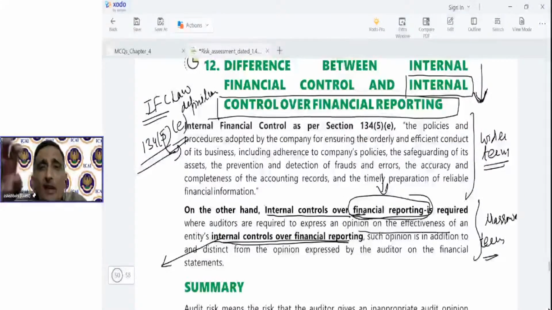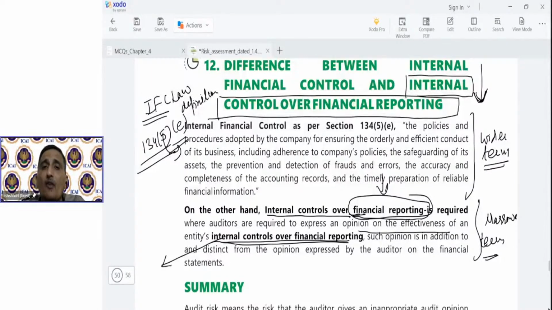Internal financial control includes prevention and detection of errors and frauds, but internal controls over financial reporting is just related to those controls which are related to financial reporting, whether these are leading to reliable financial information or not. Okay, and it is in addition to the opinion expressed by the auditor in accordance with law provisions.